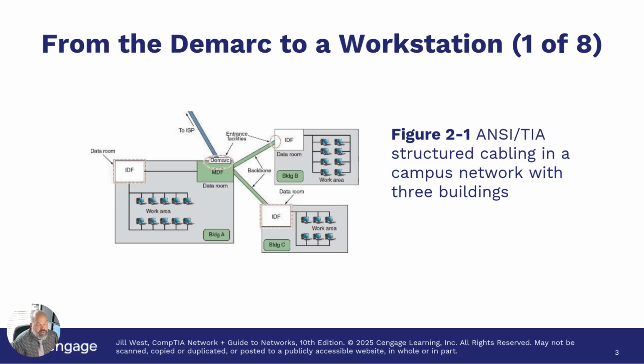Here's what a real structured cabling setup looks like in a campus with multiple buildings. See how everything connects back to the central points? It's like a family tree, but for networks. Each building has its own mini hub that connects back to the main distribution point. And notice that we've got acronyms everywhere. We're going to be looking at a bunch of acronyms this chapter.